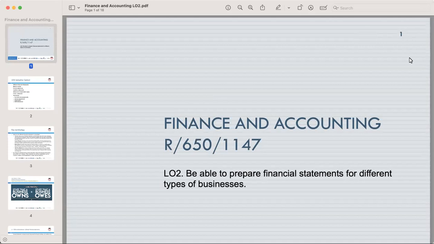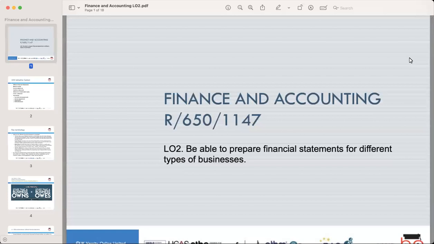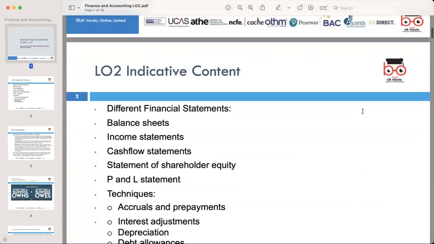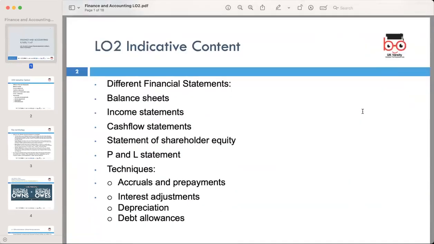Financial statements are important documents that provide a snapshot of a company's financial position and performance. They help business owners, investors, and other stakeholders understand how the company is doing financially.